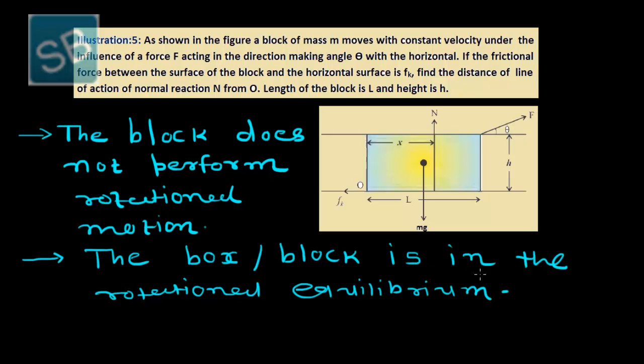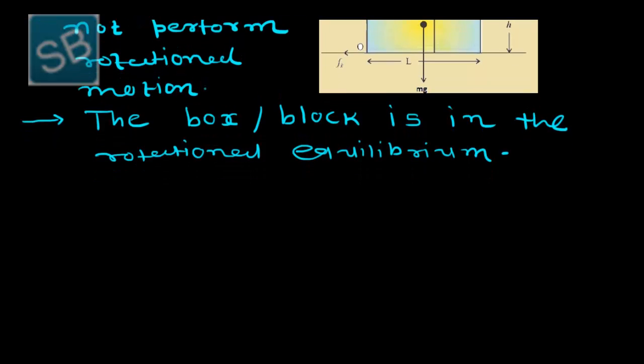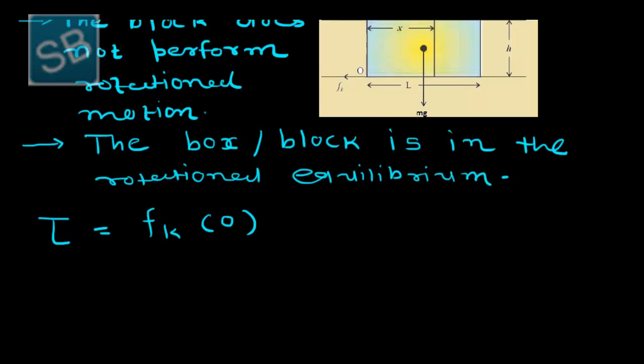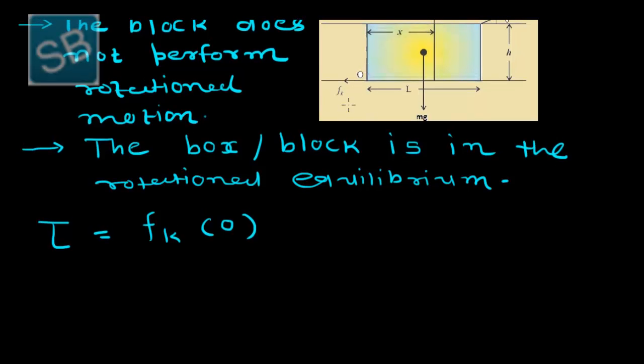In this condition, we know the resultant force and the resultant torque will be 0, so I first consider the resultant torque. The first torque is Fk at O, that means r cross F. First of all, the frictional force at the origin.